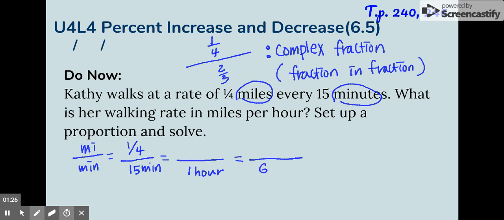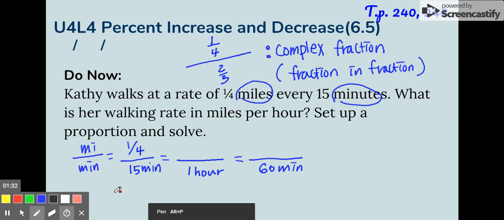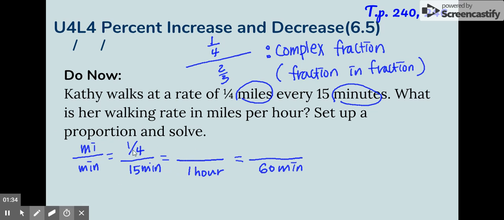It is 60 minutes, right? So now we're going to look into these two rates. And you're going to walk in the same speed. So these two ratios should form a proportion.